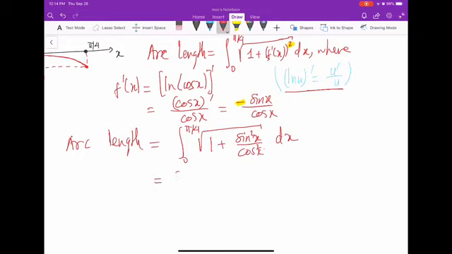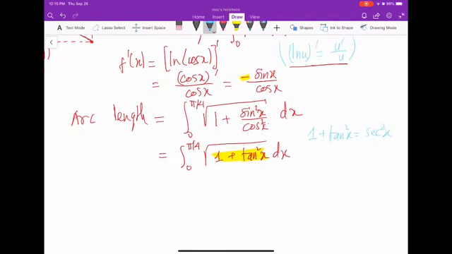So we know that is equal from 0 to pi over 4 integral of square root of 1 plus tangent square of x dx. And if we remember, 1 plus tangent square, what is that? 1 plus tangent square is just secant square.